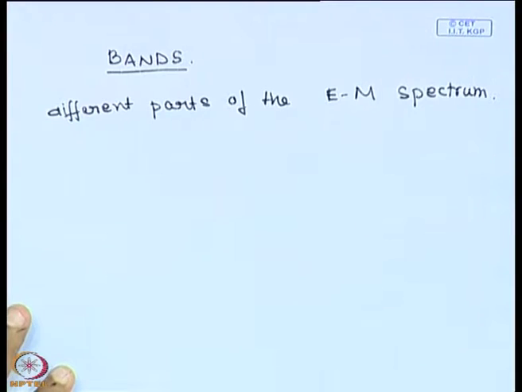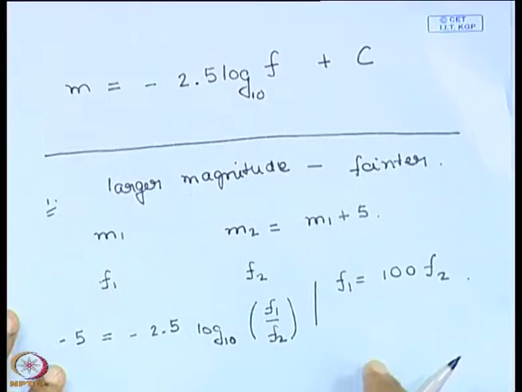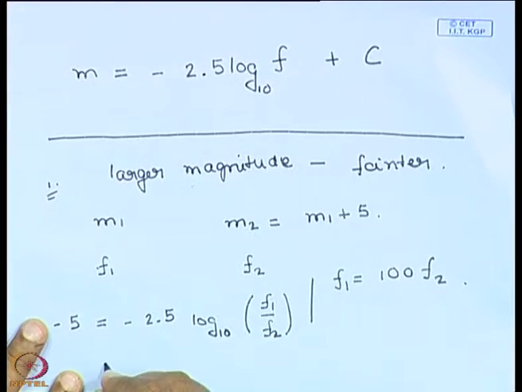Before I go into this, I should first tell you that measuring the flux from a source is referred to as photometry. These kind of observations are referred to as photometry.